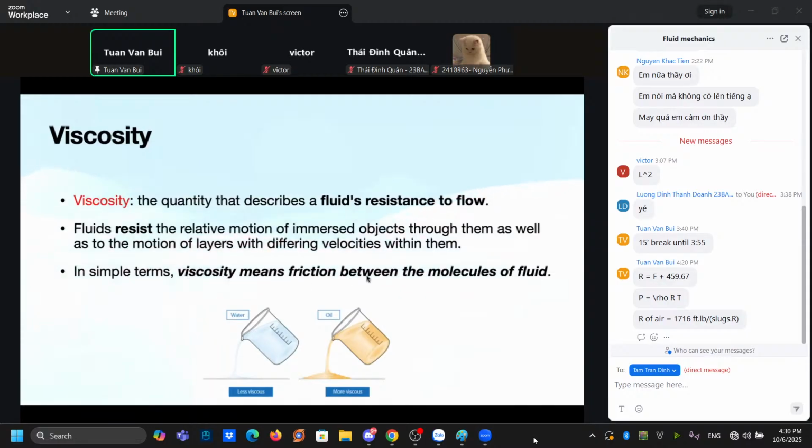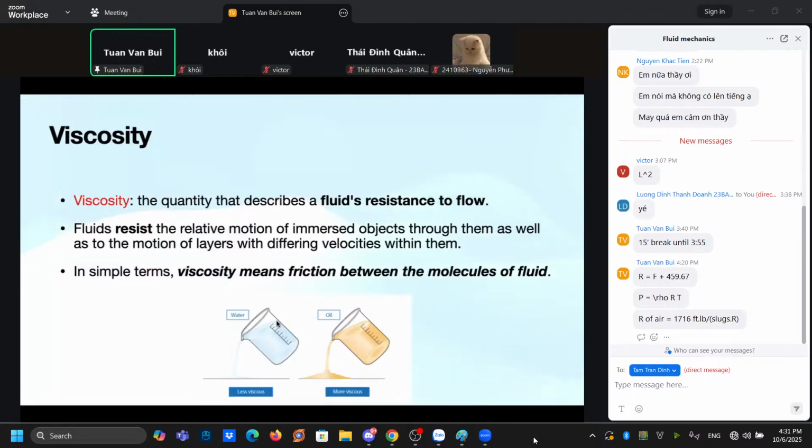In simple terms, viscosity means friction between molecules of fluid. Let's take the example between water and oil, but instead of oil, we can use honey, you know, honey produced by bees.